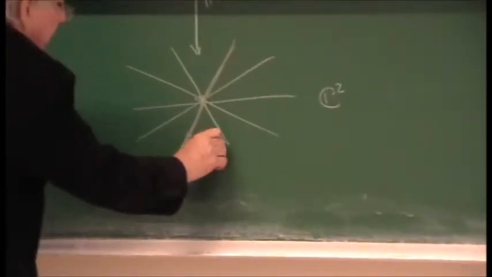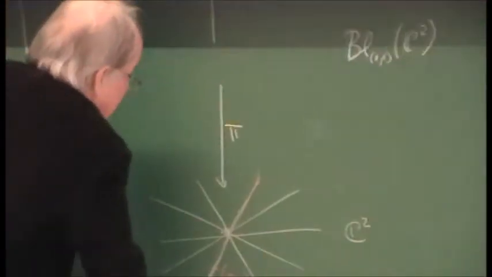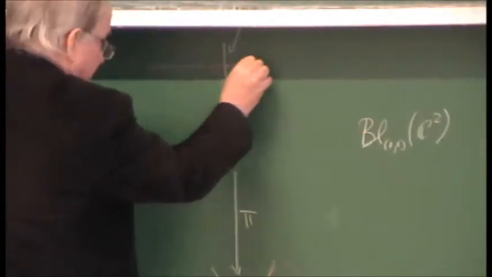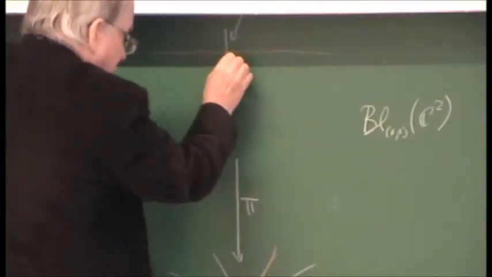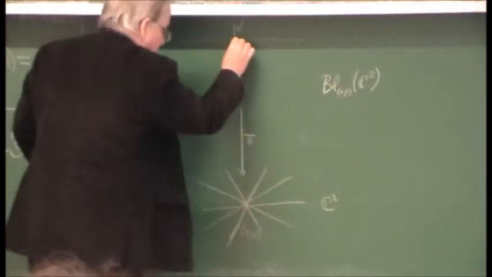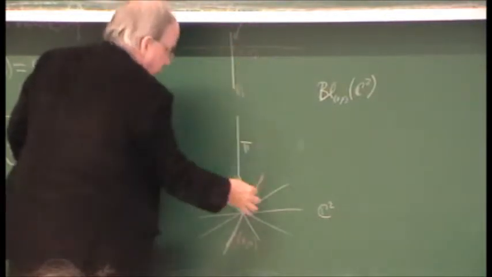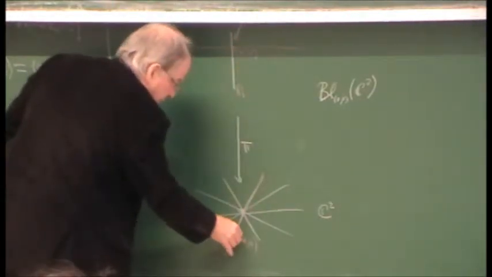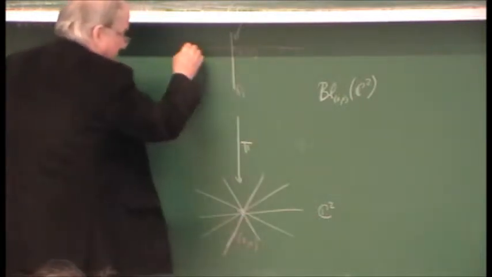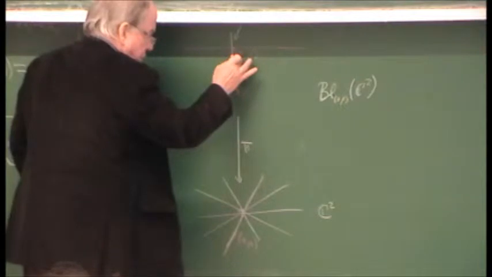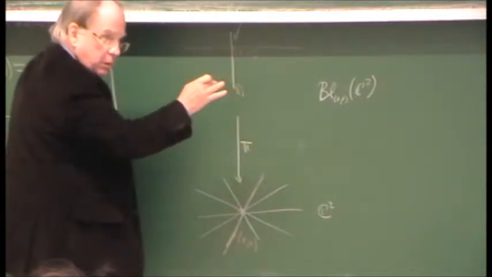This line up here lifts here into the graph to a line here, which goes into P1 here, goes through the point ZW. You take the line here, which goes through this point ZW, that defines its slope. It goes up here, through the point here, which is in P1, homogeneous coordinates ZW.